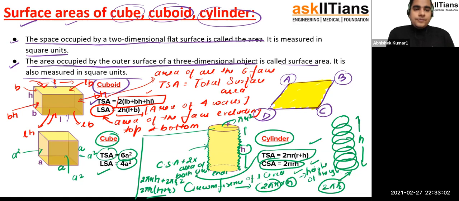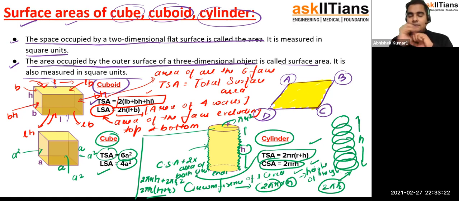So I hope the meaning of surface area is clear, in the case of a cube, a cuboid, and a cylinder, be it total surface area, lateral surface area, or curved surface area. Technically speaking, there is no major difference between lateral surface area and curved surface area.